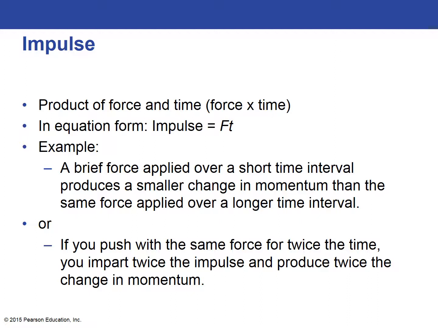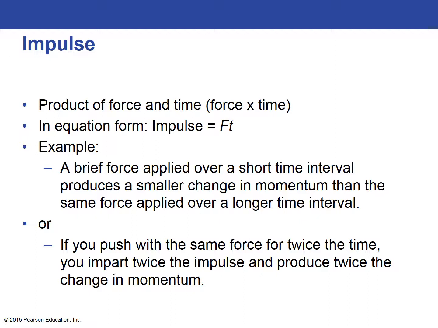So in this simple case, for example, if you push an object with the same force for twice the time, then we will impart twice the impulse and produce twice the change in momentum.